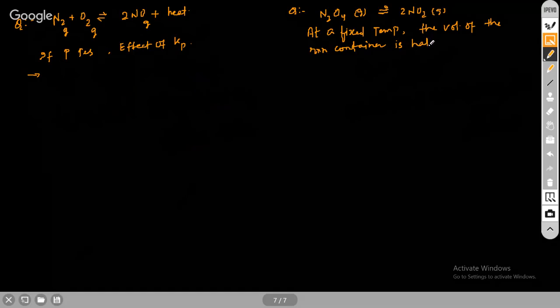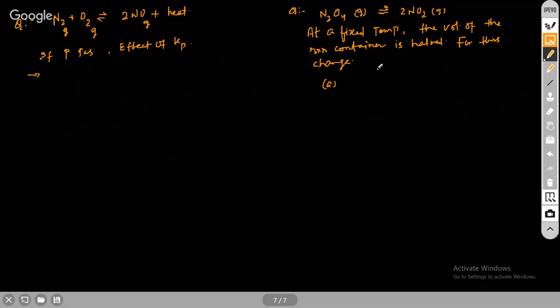For this change, which of the following statements is correct?